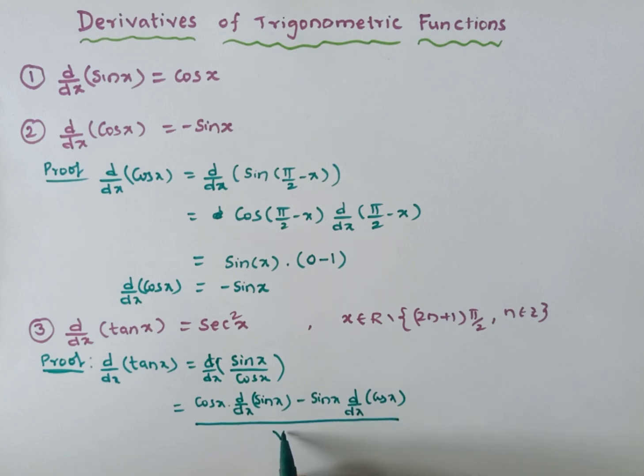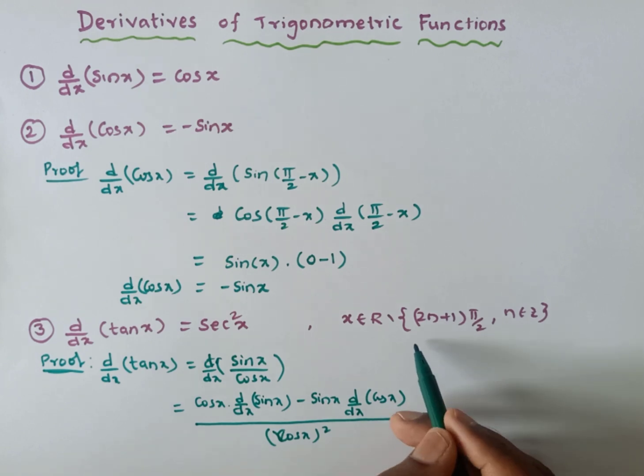V square means cos x whole square. So for u by v, it is v into du by dx minus u into dv by dx, divided by v square, right?